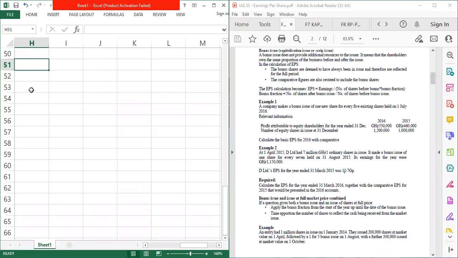Assuming January 1, we have 100,000 shares. And July 1, we issue shares at a full market value of 10,000.